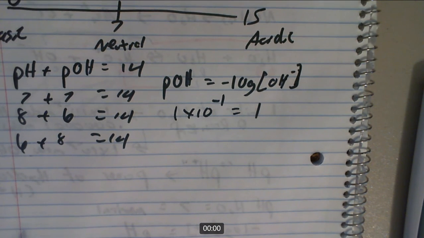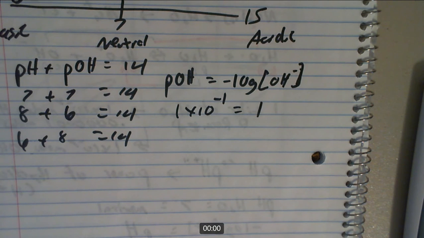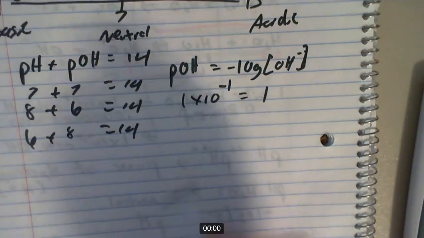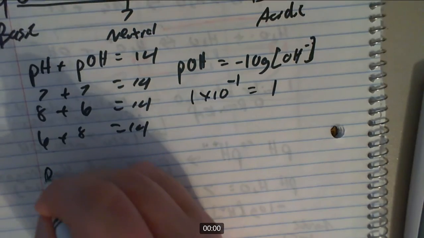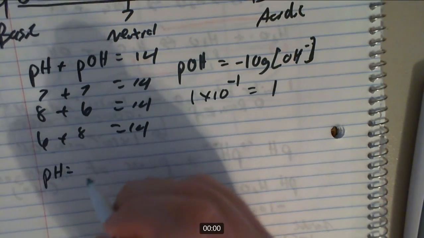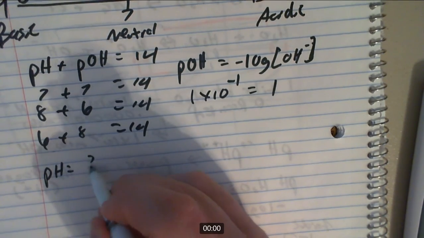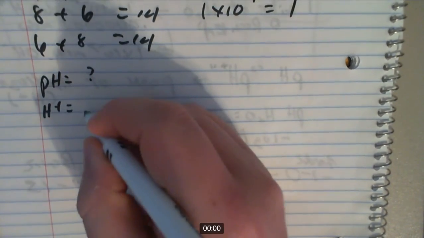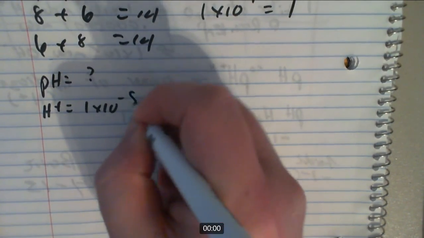Now, he goes one step further and says that, okay, given the pOH, right? So if I told you that, let's do pH, because pH is much more logical. What if I want to know the pH and the hydrogen ion concentration is, let's do 1.5 times 10 to the negative 8.